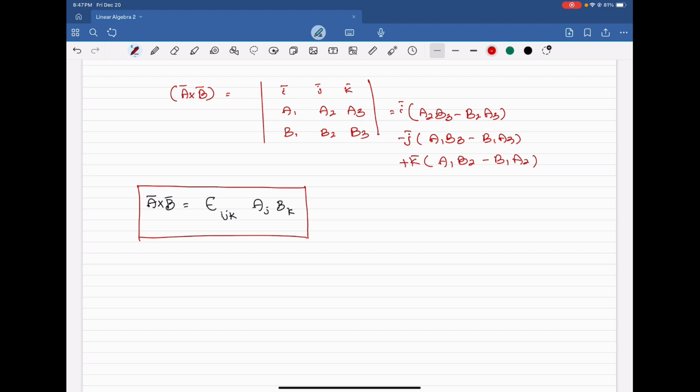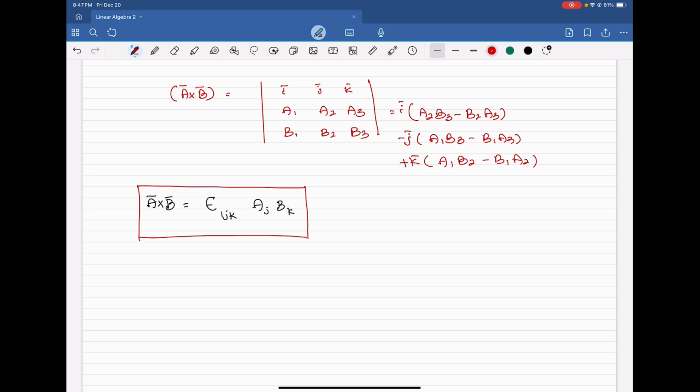For a 3 by 3 matrix, you are able to write very easily the value of A cross B. But for a 100 by 100 vector, how can you write A cross B for many number of vector spaces? Then this is the way we have to write.